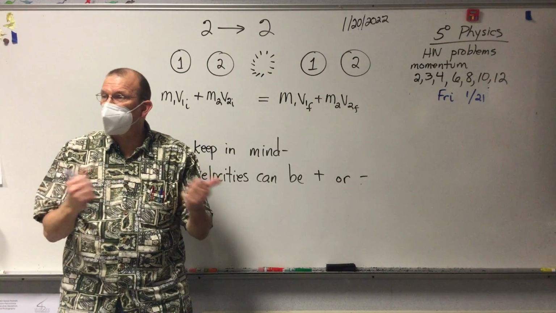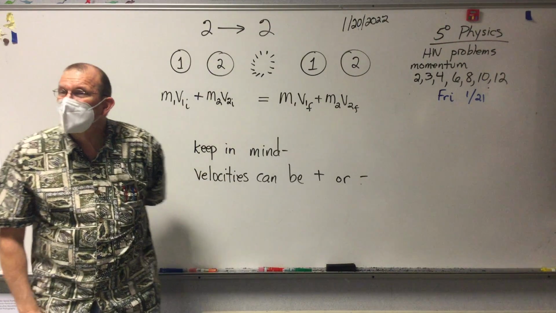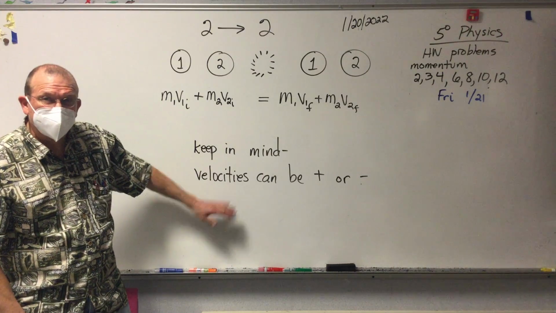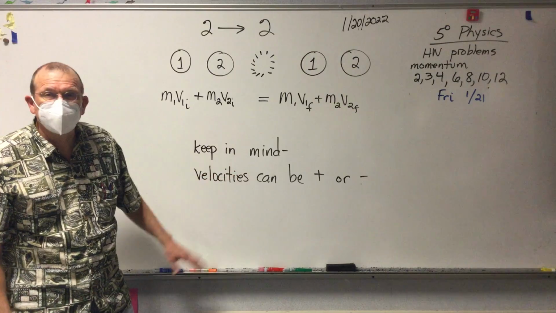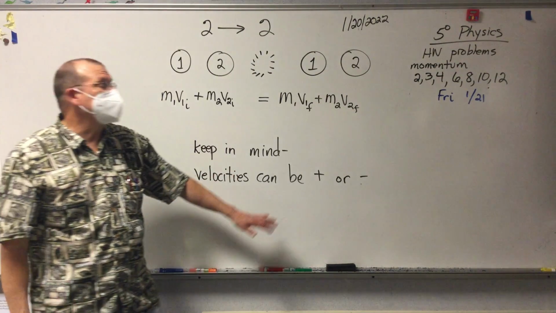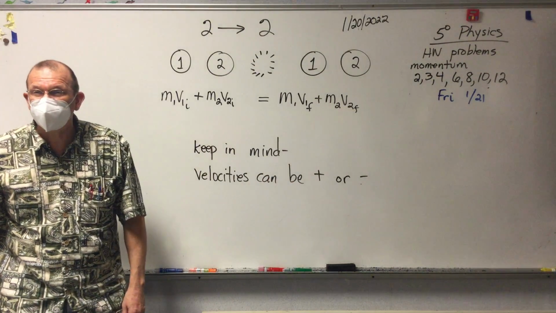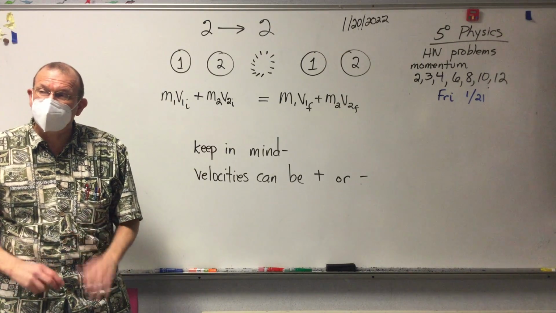So things can move in opposite directions. So you'll want to pay attention to that. Sometimes when they give you descriptions of pieces of information, they will be nice enough to literally put a plus or a minus in front of it. But sometimes they'll hide that just a little bit.